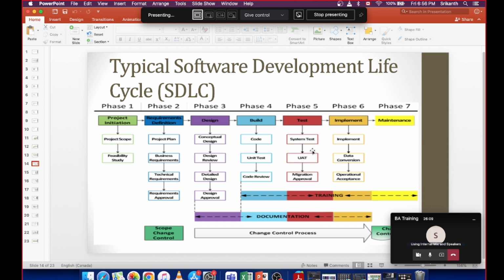And once everything is done, then it goes to the final deployment. You might have heard terms like go live of the project, or production deployment. These all mean it is ready to implement for real time users to use the system.